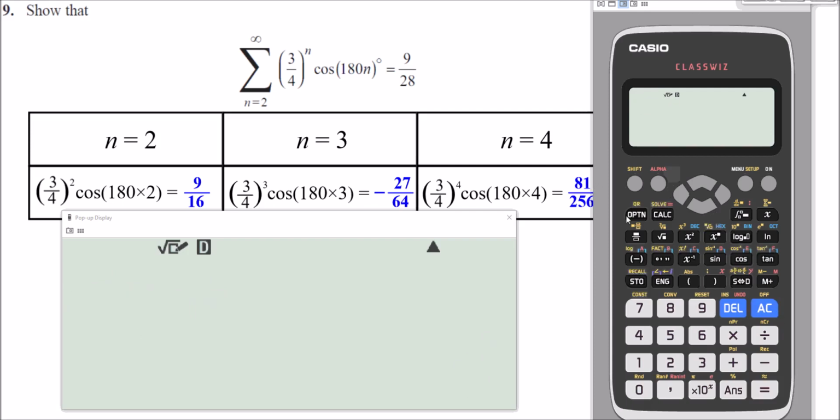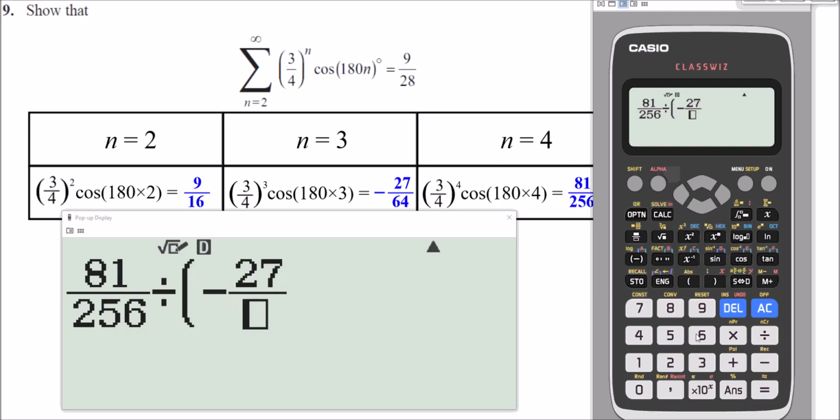I could try it for a different one as well, as long as it's consecutive terms. So 81 over 256, divided by the previous term, which I'll put in brackets, negative 27 over 64. This again will give me a common ratio of minus 3/4.